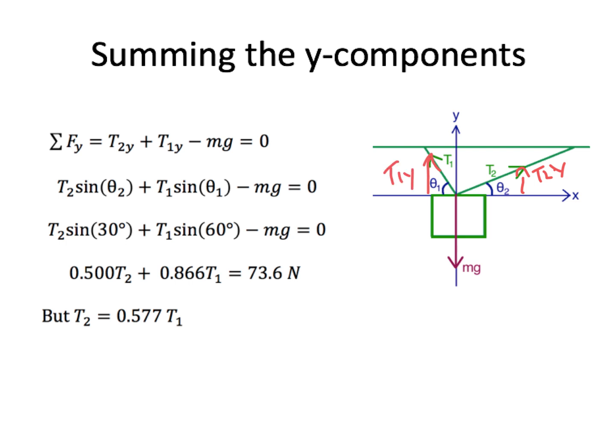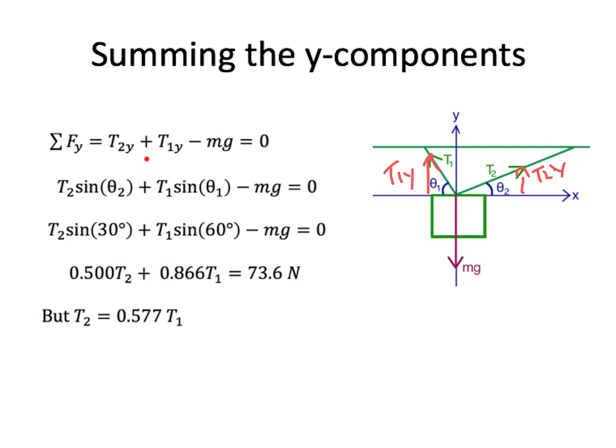And so now we can do the sum of the forces. We can say that the sum of the forces in the y direction, that's the vertical direction, is going to be T2y, which is pointing positively, plus T1y, which is also pointing in the positive direction, and then it's going to be minus mg, because mg, the weight, is pointing in the negative y direction.